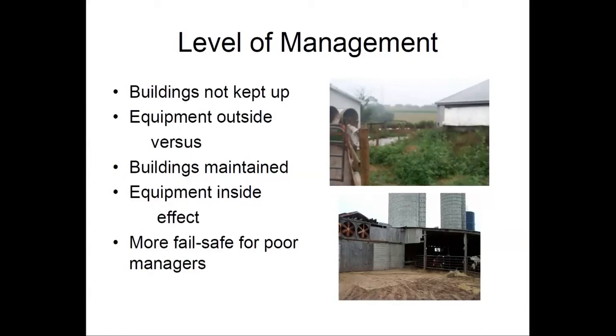And you've got to take into account the level of management, which also can account for the level of labor that's available. If the edges of buildings are all chewed up by machinery, you're going to have to account for the fact in some of your designs that somebody might not be that good at driving around with the machine.